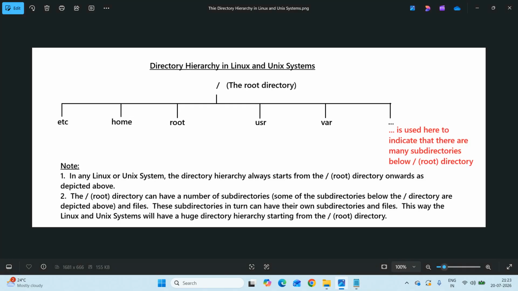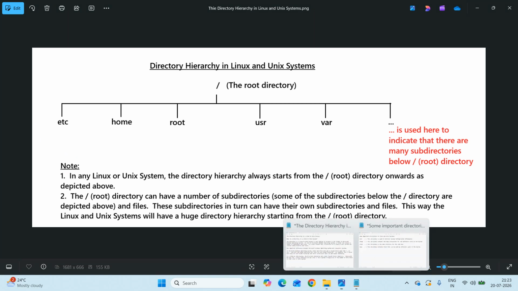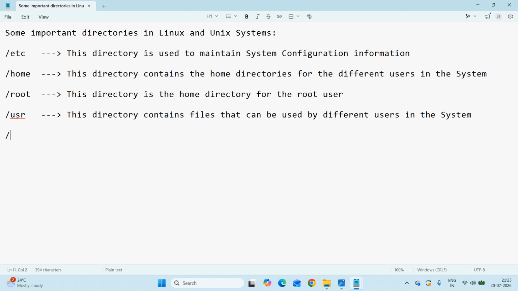This one, people, /var, this directory contains variable length log files. I'll write here, because in a Linux system or a Unix system, there will be a lot of logs that are maintained, and many of those logs are maintained here in this directory. This directory contains the variable length log files.